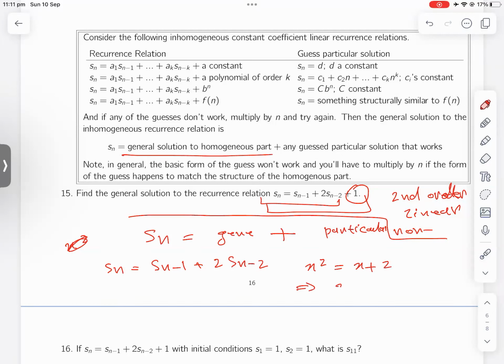From here, x squared minus x minus 2 equals 0.